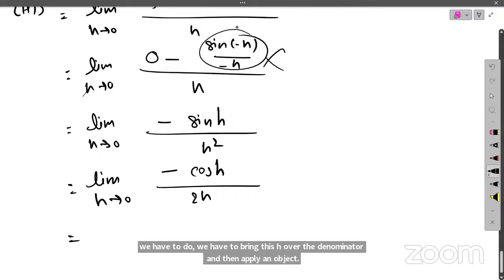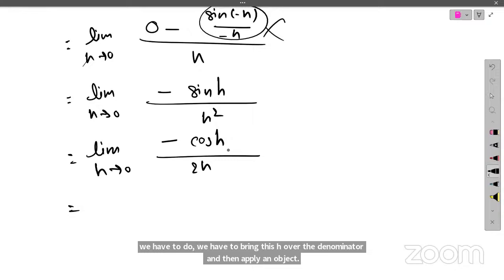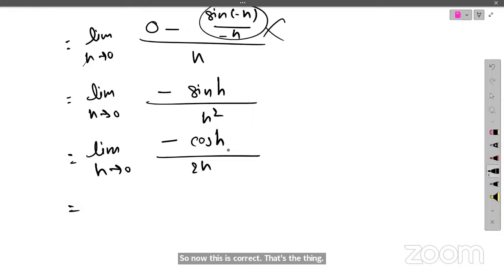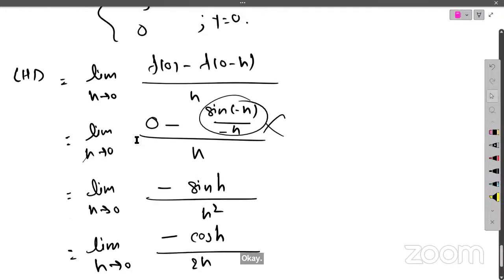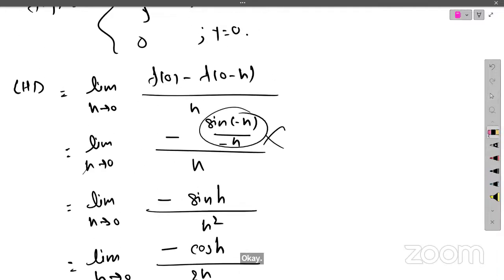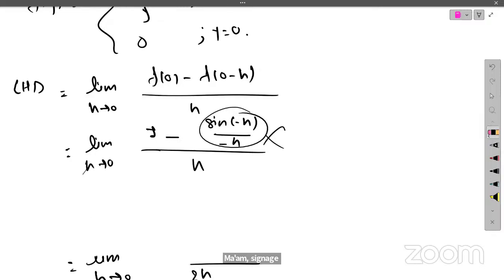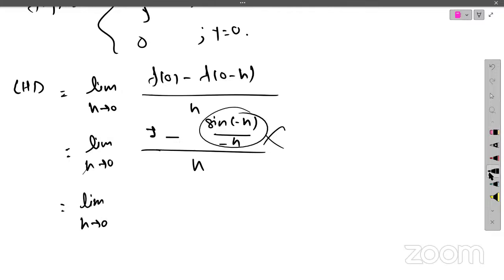So that's the thing. So now as h goes to 0. Okay, so now we can easily solve this.